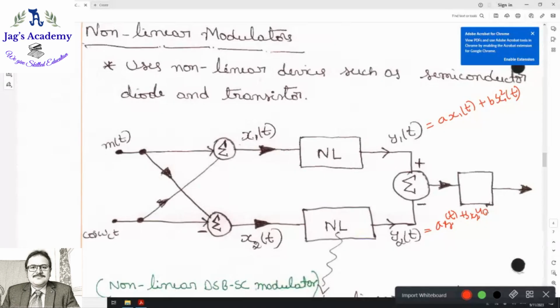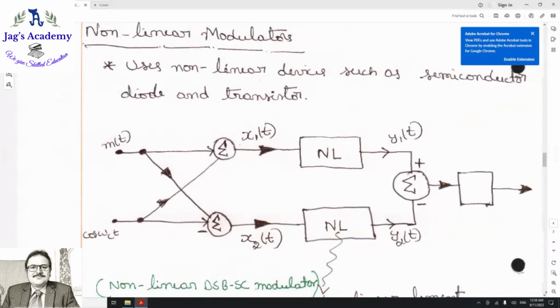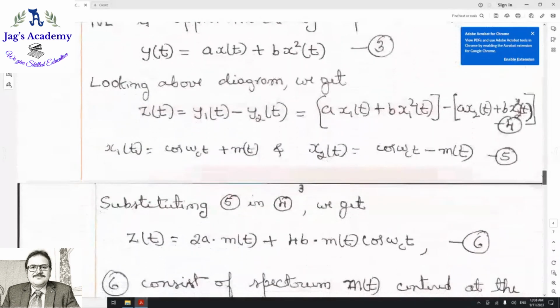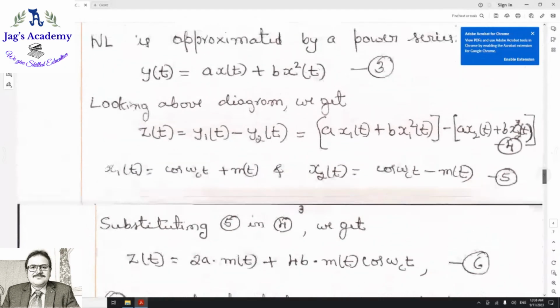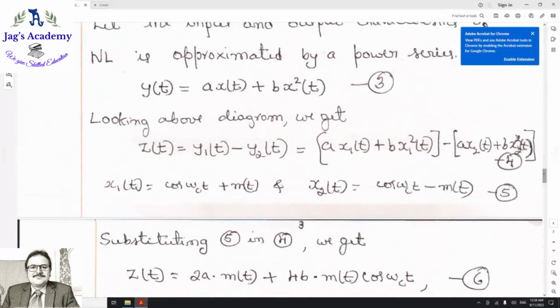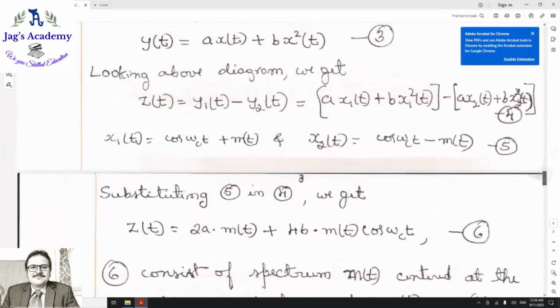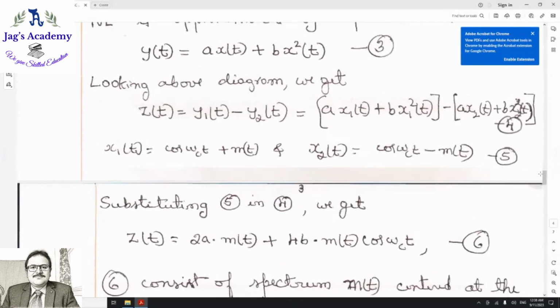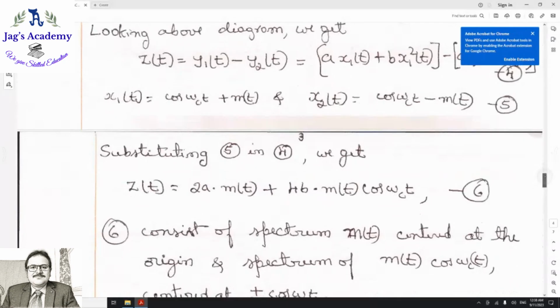You know it, right? Okay, can you simplify this? Substitute everything and simplify. See what you will get. I have skipped so many steps. Okay? Do it fast. You have to be a little fast in this. Substitute this here. Okay? What will you get as z of t?